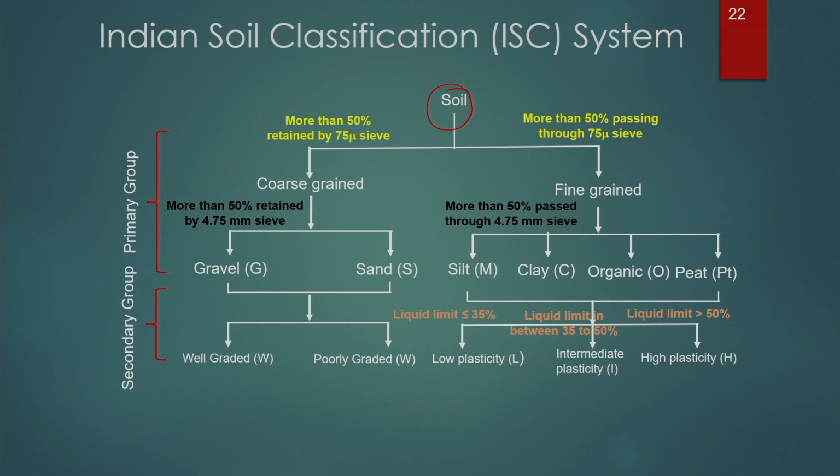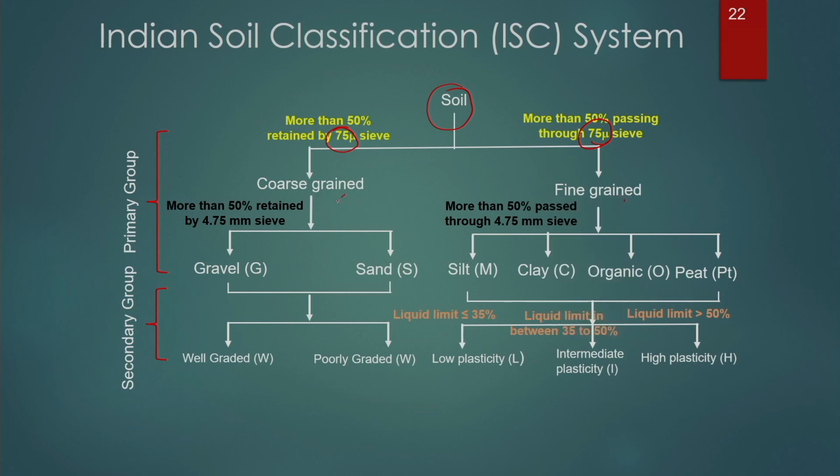If we sieve the soil and more than 50% of the soil is retained on the 75 micron sieve, then the soil will be known as coarse grained soil. If more than 50% of the soil is passing through 75 micron, then it will be fine grained soil.